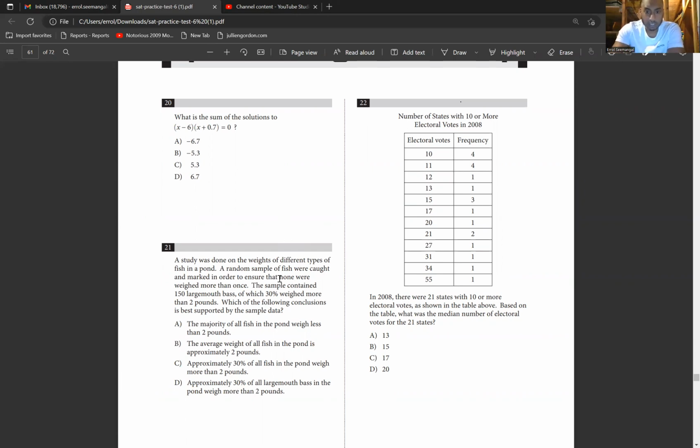How do you find median again? It's the middle number. Okay, based on the table, what was the median number of electoral votes? So is it the middle number of these numbers or middle number of these numbers? Middle number of the frequency.